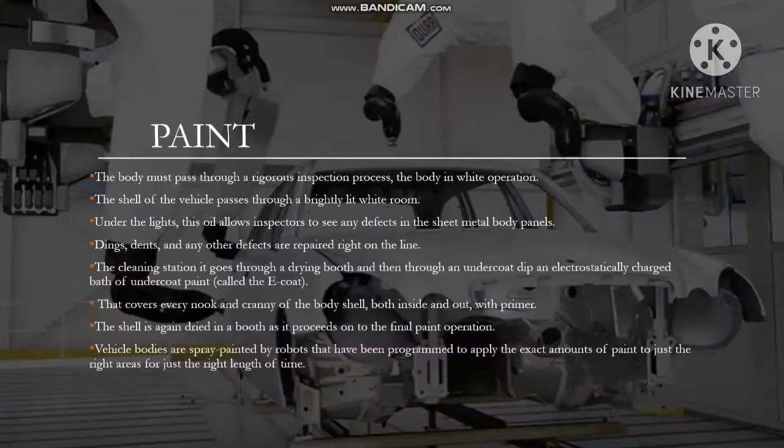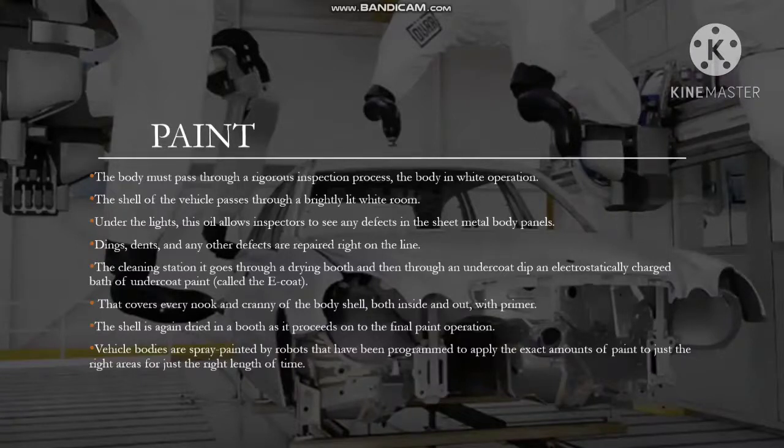The body goes through the cleaning station, then a drying booth, and then an undercoat dip, an electrostatically charged bath of undercoat. We can call it the e-coat. The e-coat covers every nook and cranny of the body shell, both inside and out, with primer.